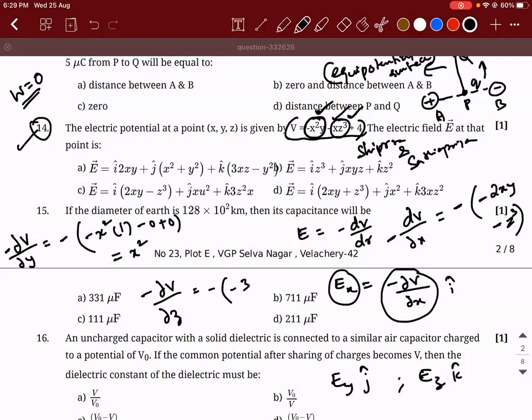No, there is a minus here. Okay, then it is 3z square x. So this will become 3z square x. Now observe, pushing the minus sign inside, plus, plus, plus. So 2xy plus z cube i cap plus x square j cap plus 3z square x k cap. So this is the answer.